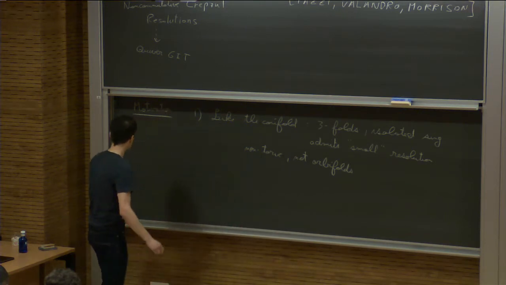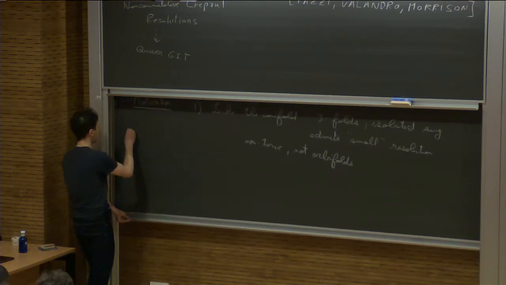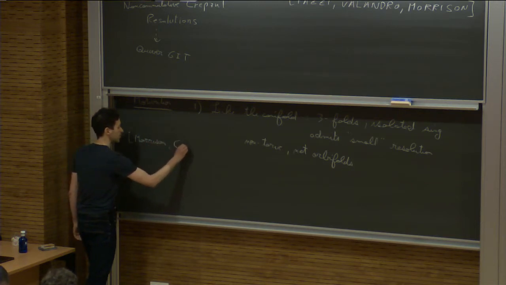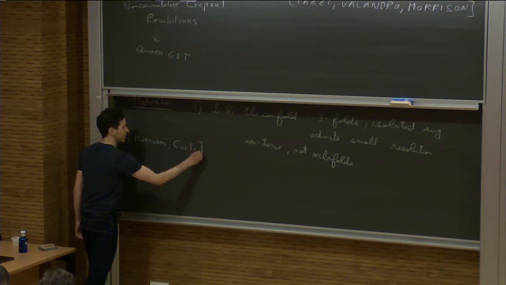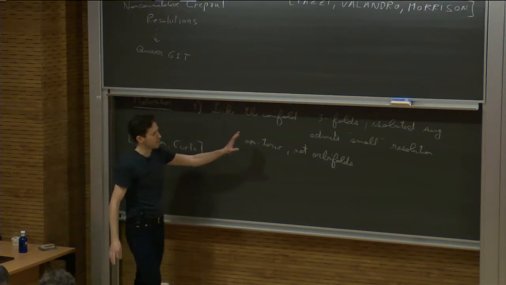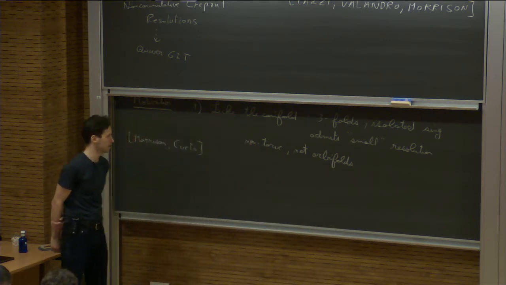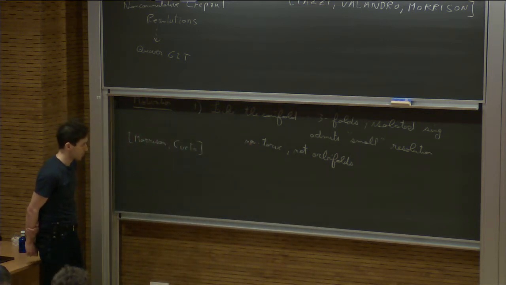Now there are some techniques that were developed by Morrison and his former student Curto, that can handle actually resolving these things, and they involve something called the Grassmannian blowup. It's fairly complicated, but it works.